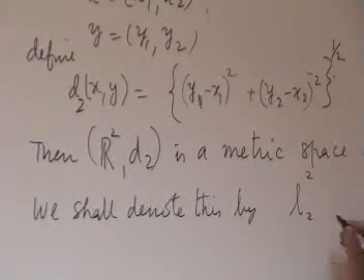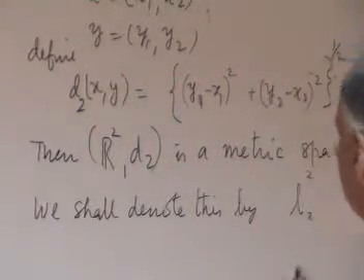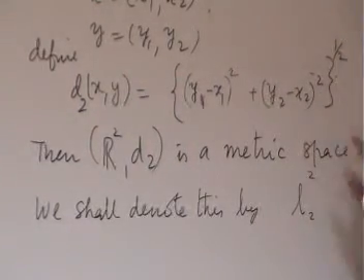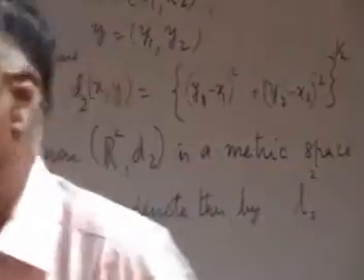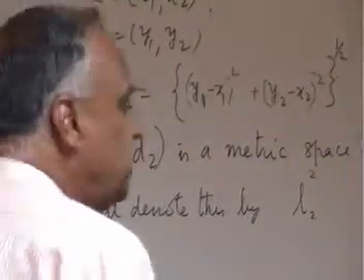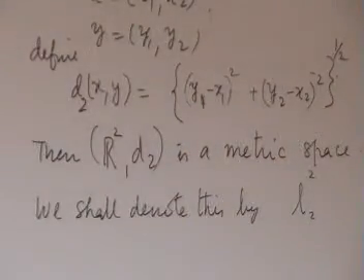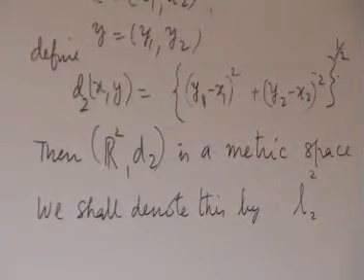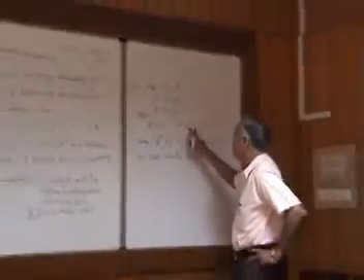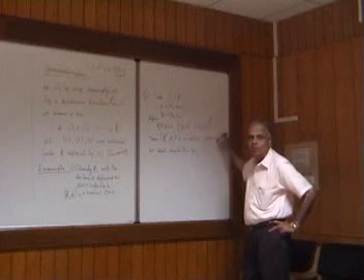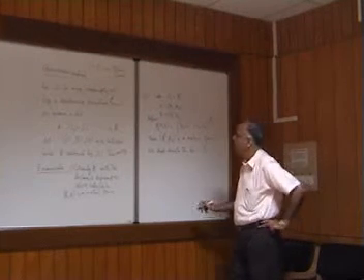This 2 stands for that I am taking the square, and this 2 stands for there are two components. Now we can generalize this immediately. Instead of R2 I can take Rn, n component vectors. I can define the distance as (y1 minus x1) squared, etc., (yn minus xn) squared. All this will go through.